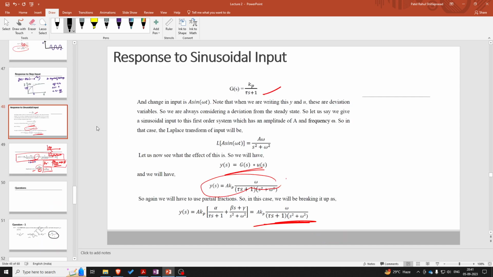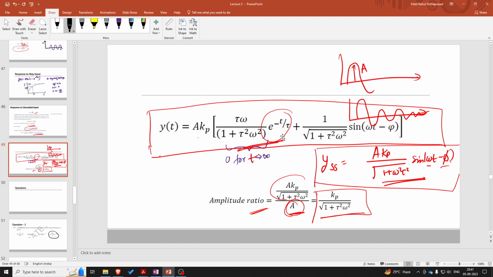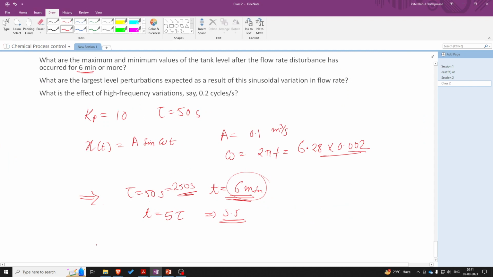For the response of the sinusoidal input, the amplitude ratio can be written as the ratio of output upon input amplitudes, that is given by amplitude ratio is equal to Kp upon under root of 1 plus omega square tau square.